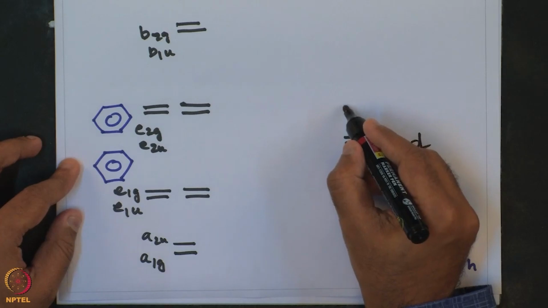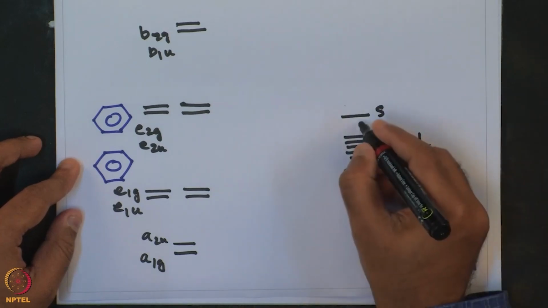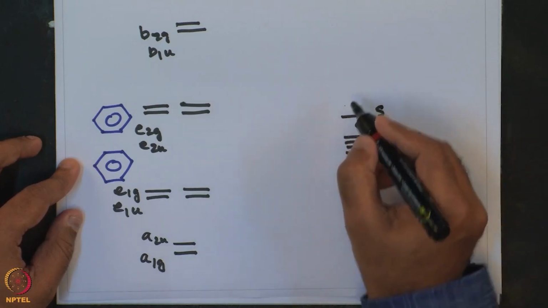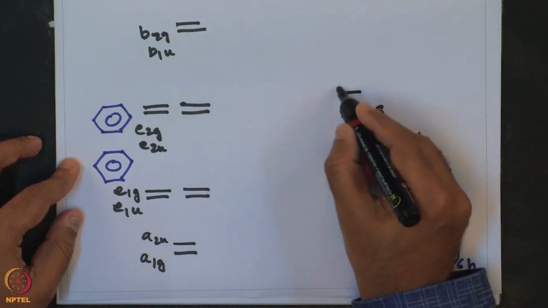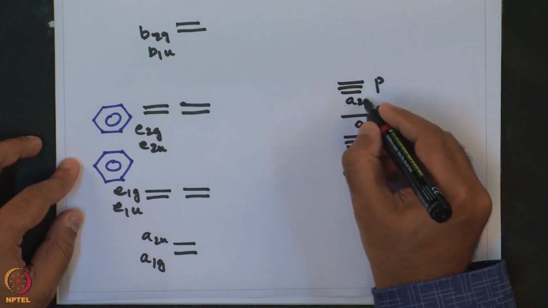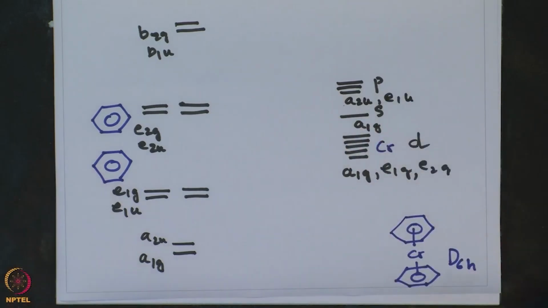Then there is one s orbital which is A1g, and then there are 3 p orbitals, and these are A2u and E1u symmetry.